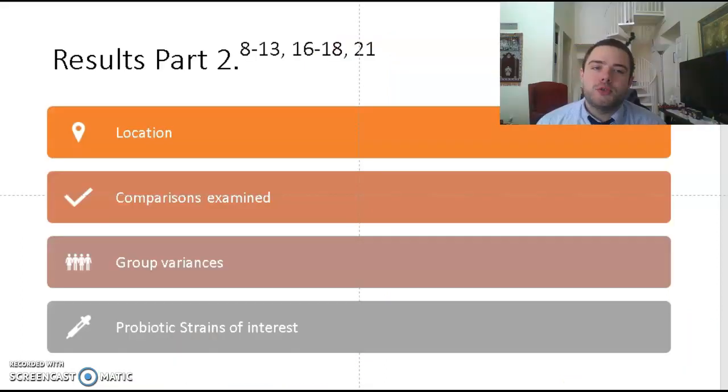Results, Part 2: the location of different presence of Crohn's disease was considered, such as ileocecal valve, ileum, anus, anal fissures, etc. All of these different locations were considered in the comparison of the present microbiome and compared to healthy controls.